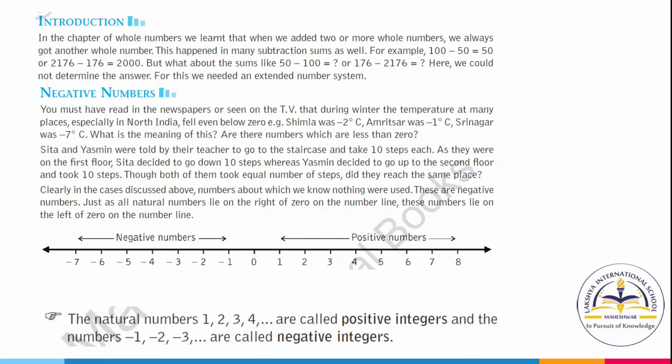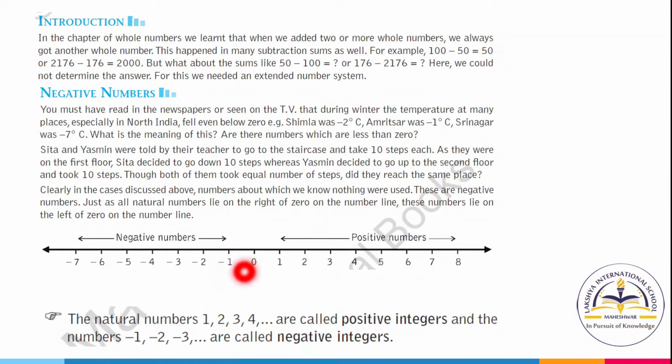What are negative numbers? Here you can see this is a number line. At the center it is 0. Here 1, 2, 3, 4, 5, 6, 7, 8 and so on. These all are positive numbers.